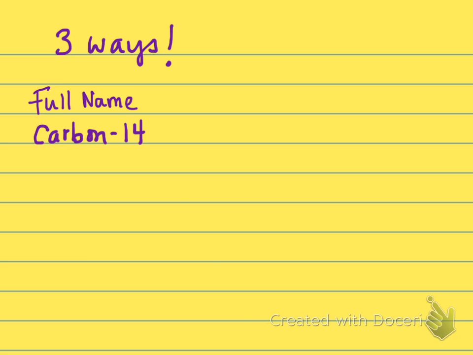There are 3 different ways to write the name of an isotope. If we write out the name of the element and then after that note the mass, that would be considered writing its full name. We very often use a kind of shorthand and just write the atomic symbol followed by a hyphen and the mass of the element. That one is called hyphen notation.